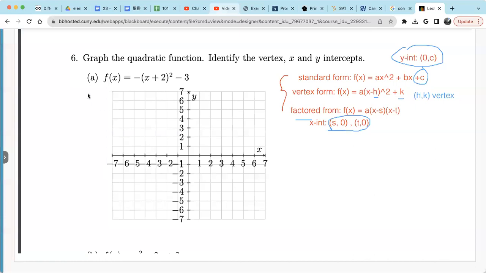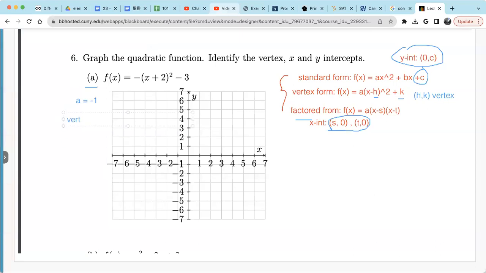All right, let's see this one, A. We have it in vertex form, right? So a is -1. Let's write down the information we know. a equals -1. We know h comma k, right?